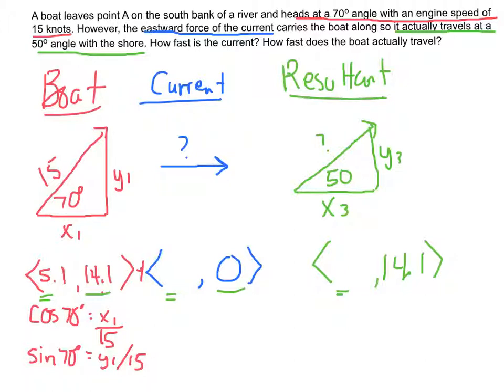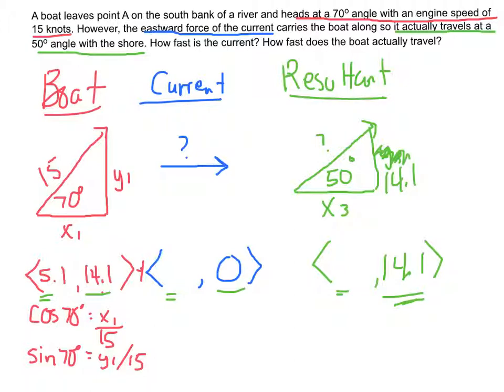But what I do know is I have the y component of the resultant vector, and I have the angle measure, which is 50 degrees. So I'm going to figure out the hypotenuse using sine, cosine, or tangent. Where y3 is, I'm going to cross that out and put 14.1.